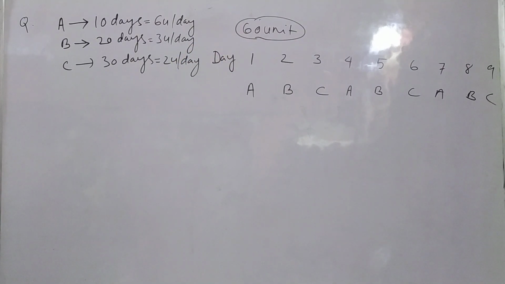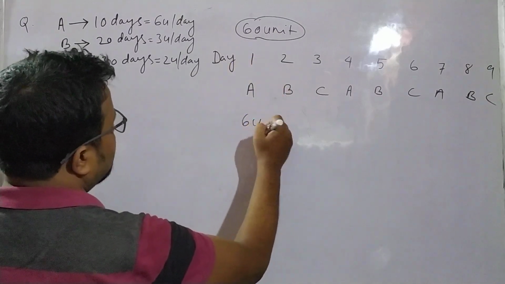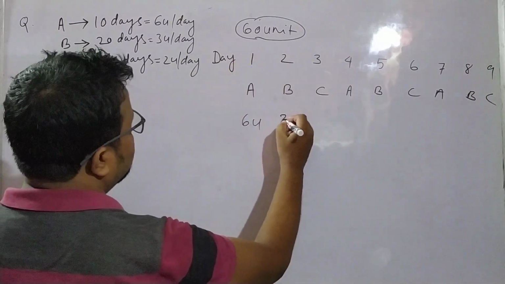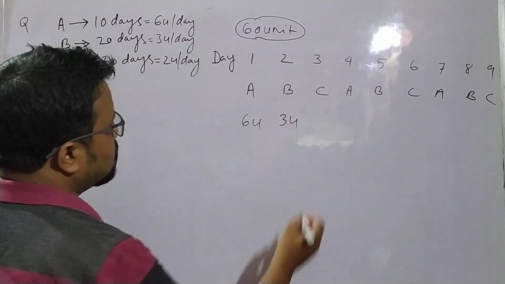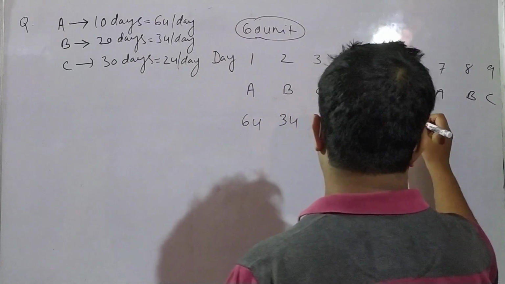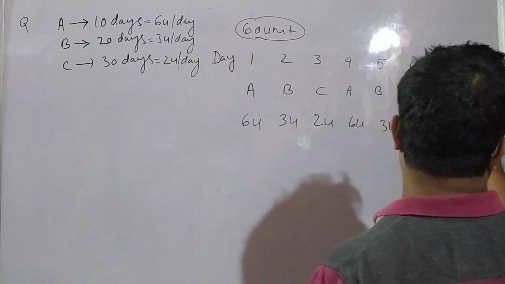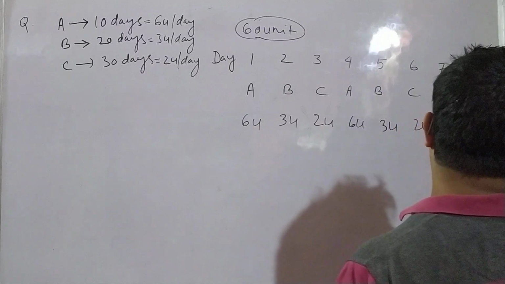Okay, very simple. So on the first day A is doing 6 units. The next day B is doing 3 units. The next day C is doing 2 units. 6 units, 3 units, 2 units, 6 units, 3 units, 2 units, like this.